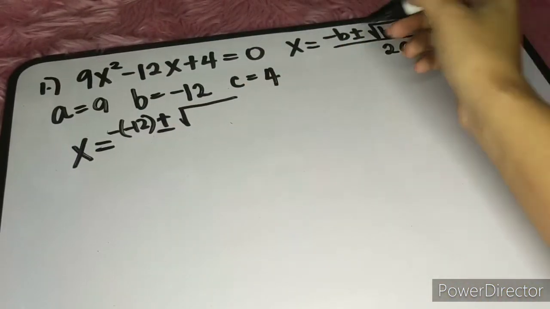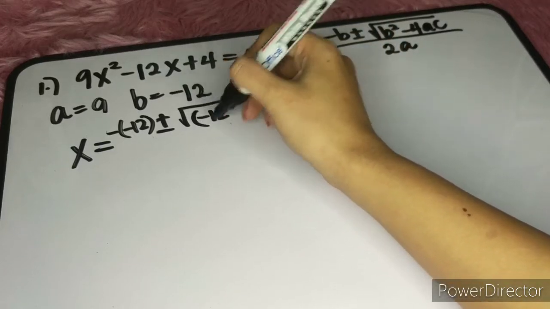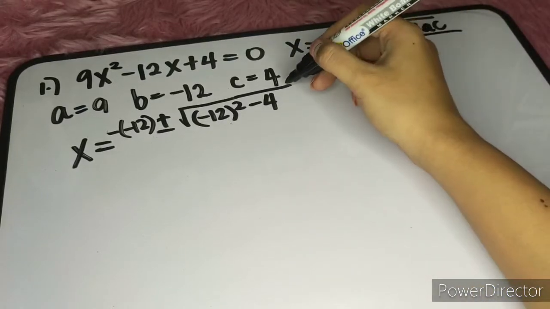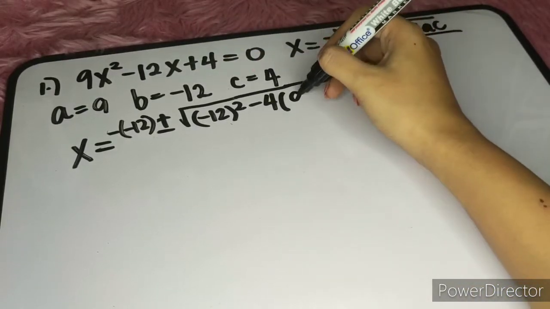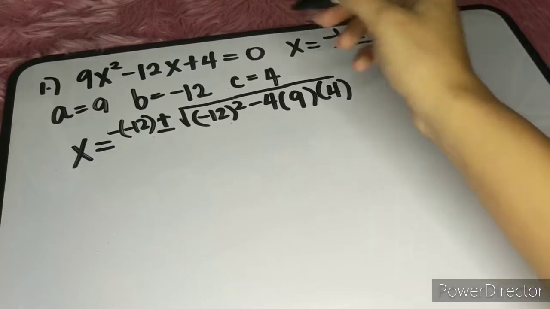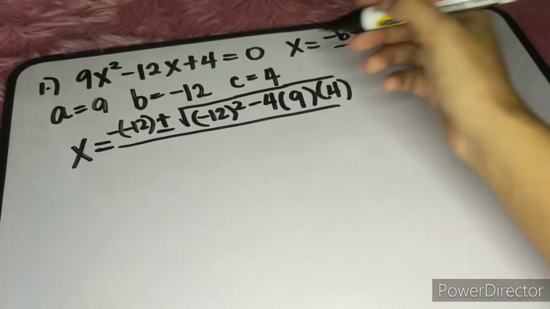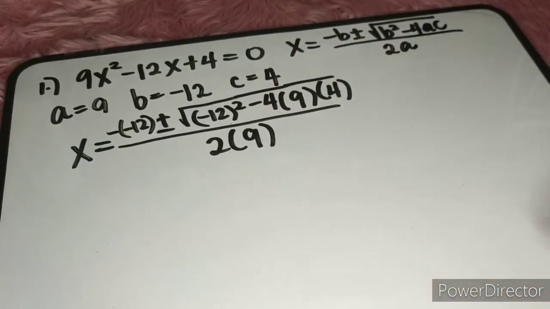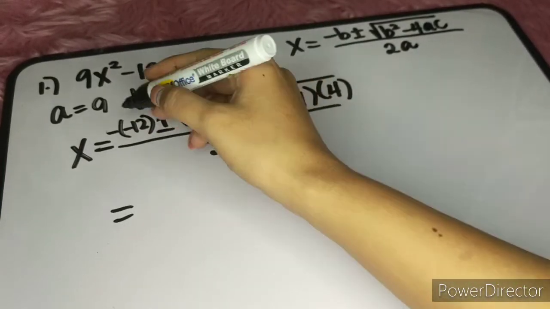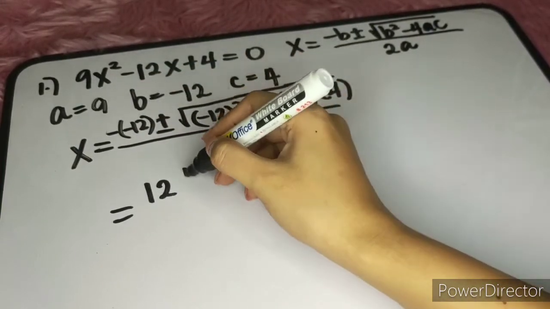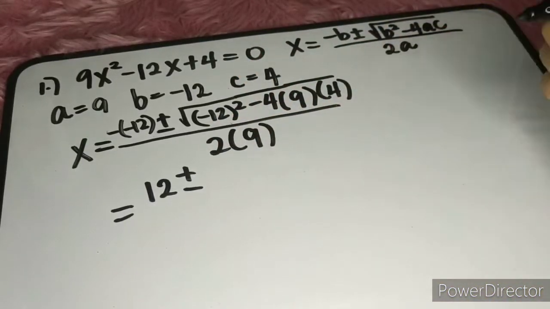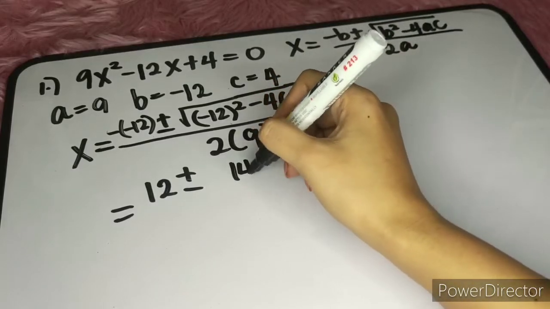And then, the square of negative 12, minus 4, it's always 4 based on the formula, times our a which is 9, and our c which is 4, over 2a, which is 2 times 9. Okay? So, let's continue to solve. Negative times negative becomes positive 12. And then, plus or minus the square of negative 12. Since negative times negative is positive, it becomes 144.